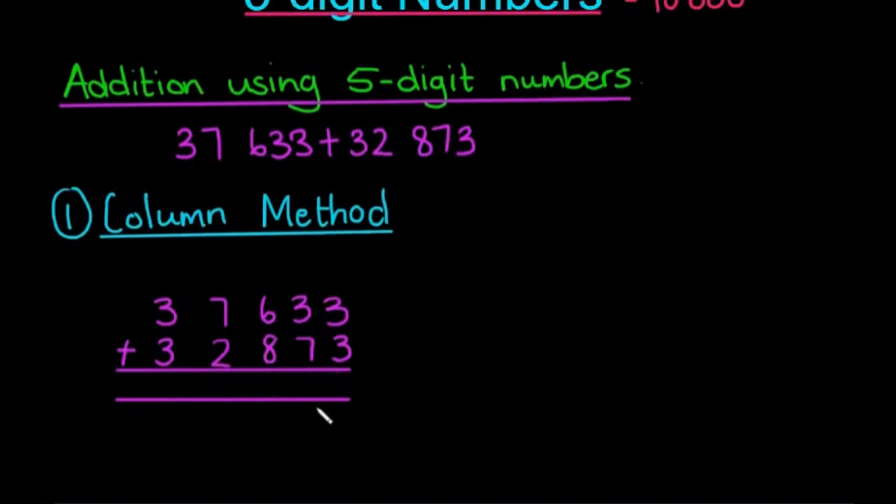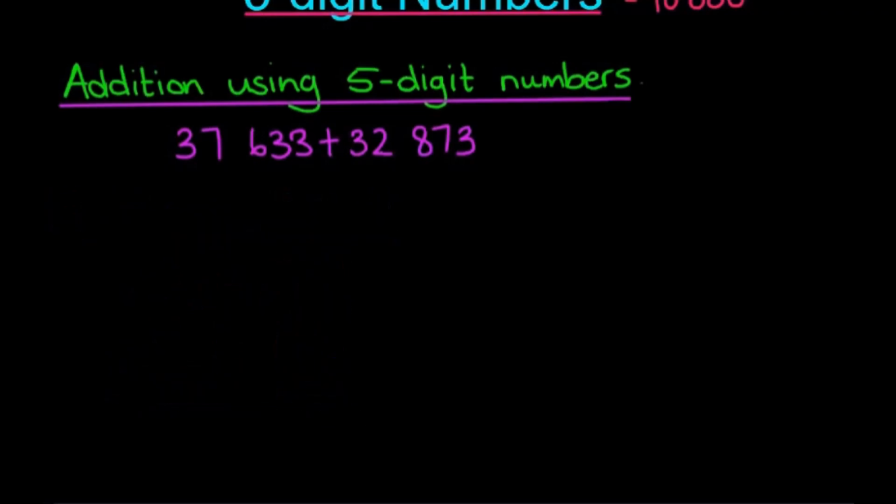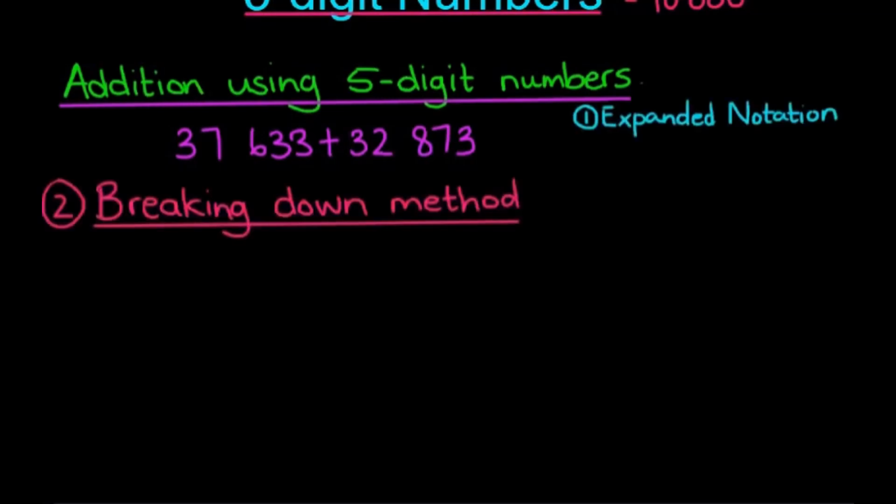The next method I call the breaking down method. This is when we expand all of our numbers and we add them all in their own place value. So the first step that we need to follow of this is expanded notation.